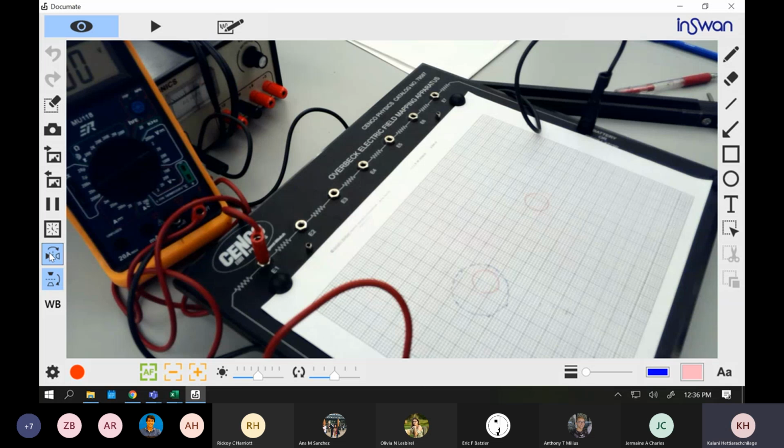And that will be a little far away from your electrode always.